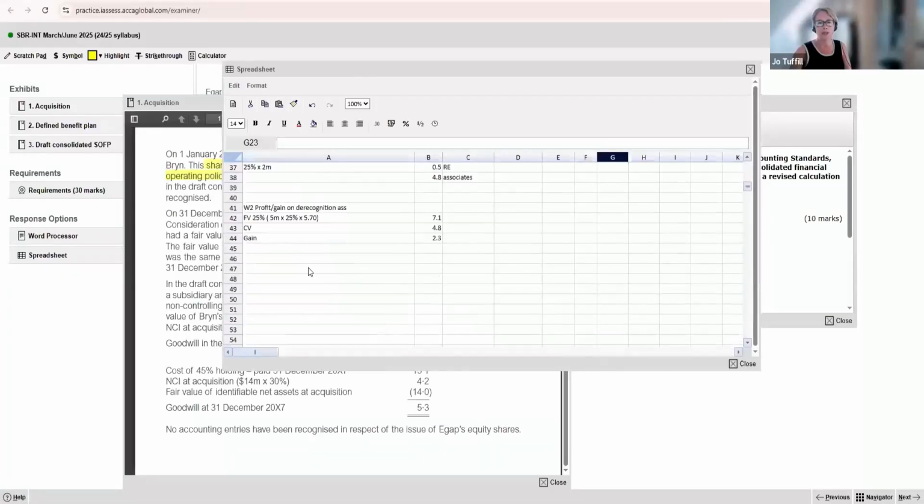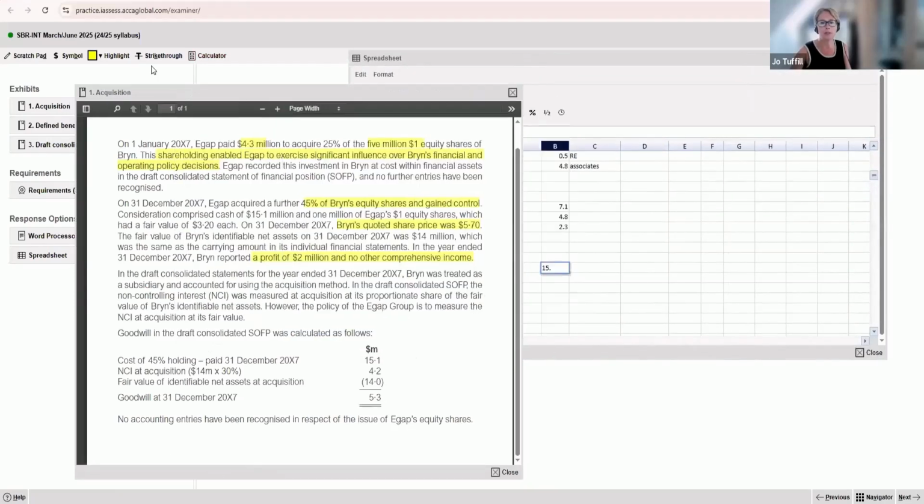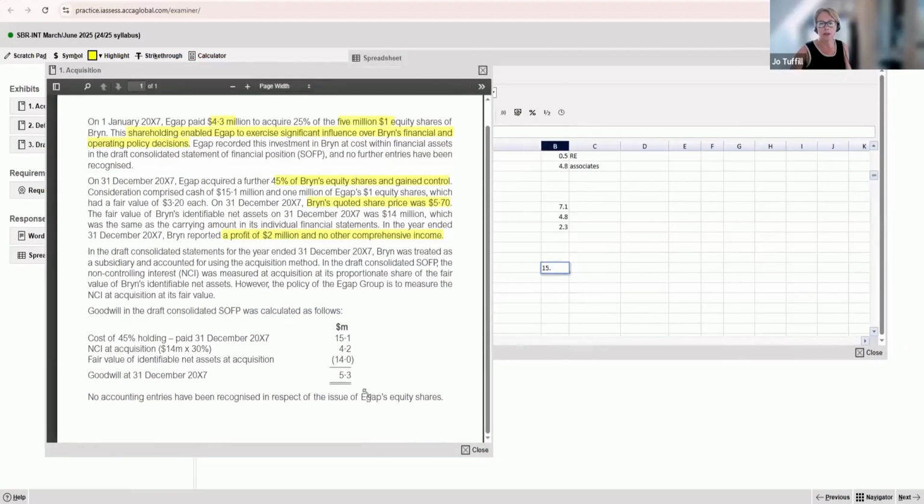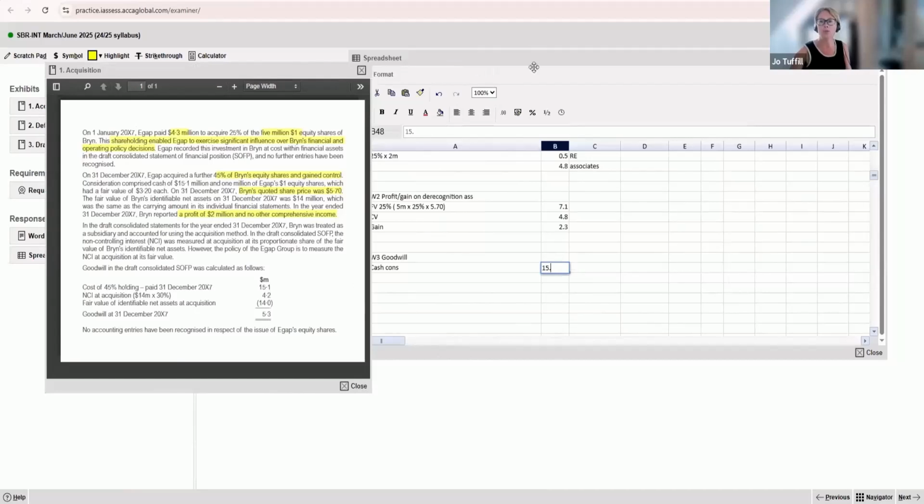So we're going to go down and do now the revised calculation, which is working 3, our goodwill. And so we start with the cash consideration. Don't write anything else than that. 15 point, this is where you have to move things around so you can see them better. So we've got 15.1, which is what we needed for that.